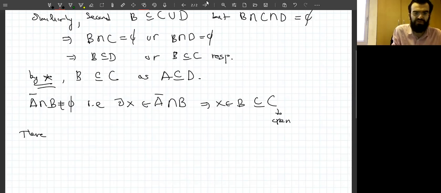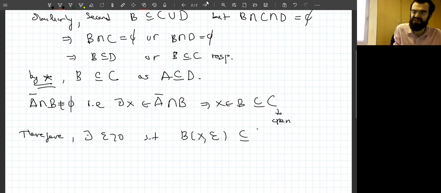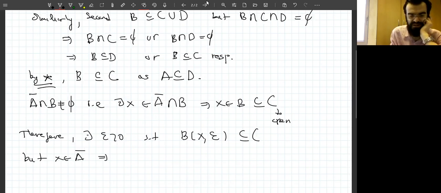Therefore, there exists epsilon greater than 0 such that the whole ball B(x, epsilon) is contained in C. But x in the closure of A implies A intersection this ball is not empty, but this is contained in here.